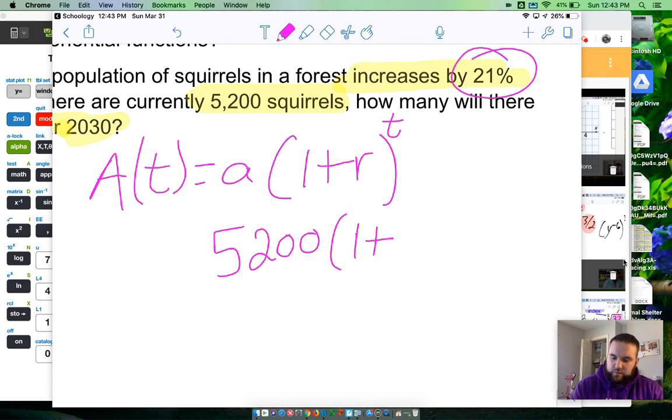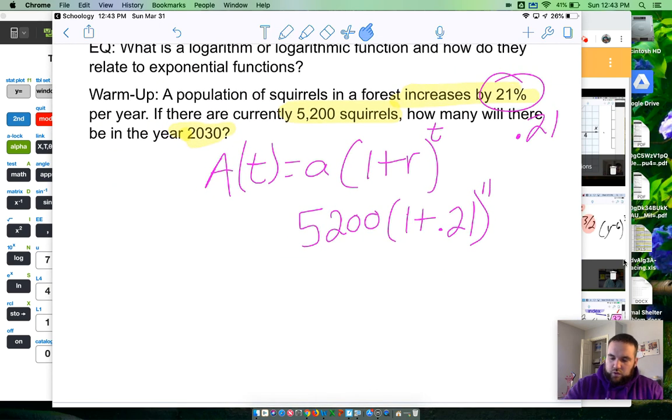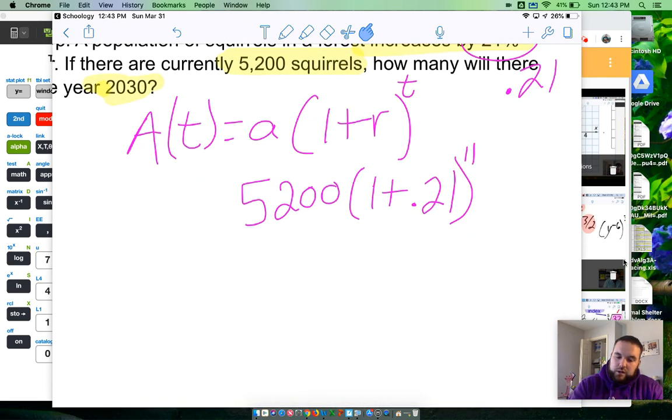I need to take 21% and write it as a decimal, which in this case is 0.21. So increases by 21% would be 1 plus 0.21. I put the 11th power because currently we're working in 2019. So the year 2030 would be 11 years from now, 11 years later.